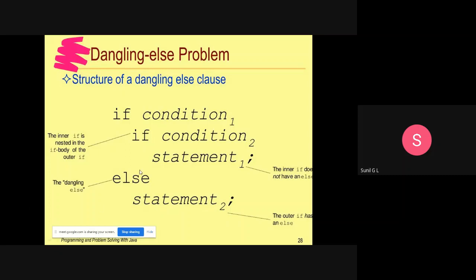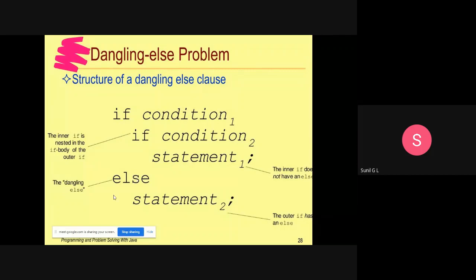This else is there now, so we need to combine this else with whichever if statement is nearer. Here this else part is nearer to which if? It is nearer to the second if statement. Then join it with that second if statement, and the ambiguity is removed. That's all.